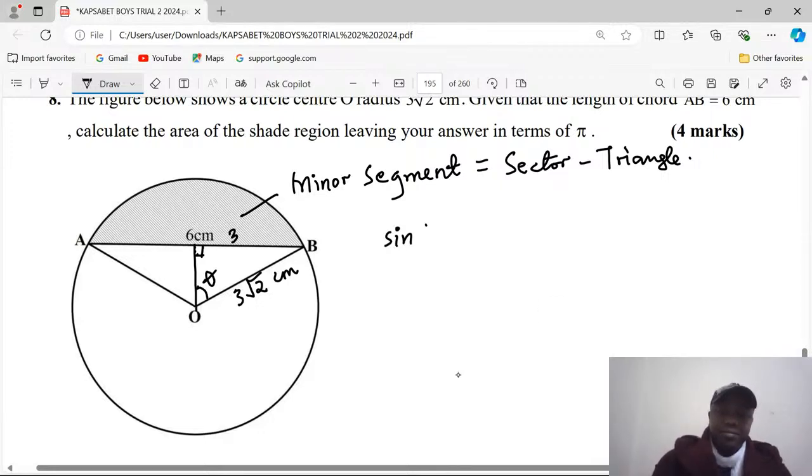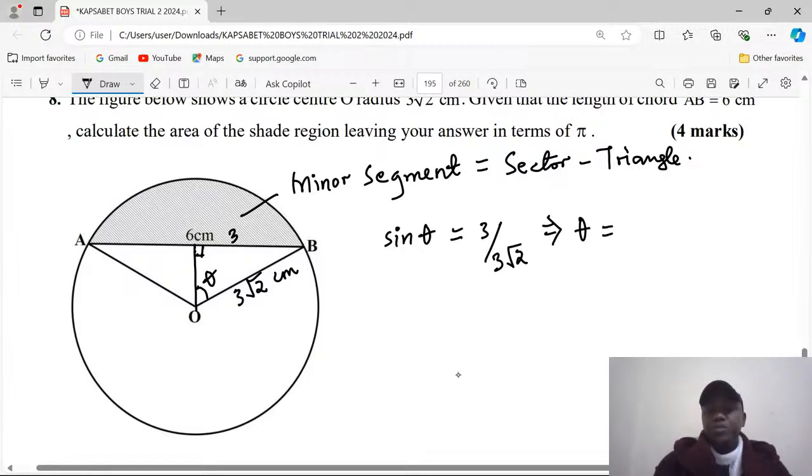Sine theta is given by the opposite length, 3, out of 3√2. So we can get the value of theta by simply obtaining the sine inverse of 3 divided by 3√2.